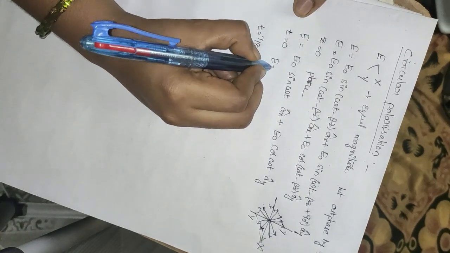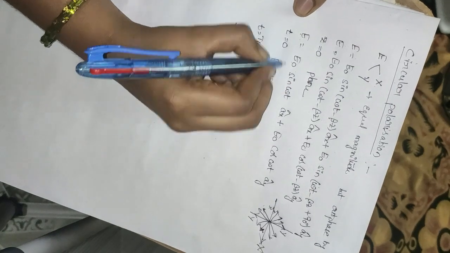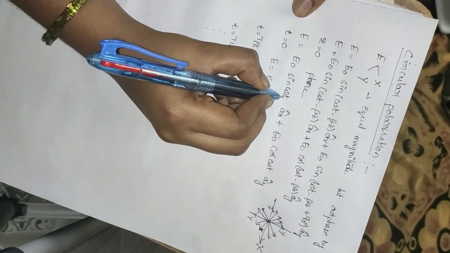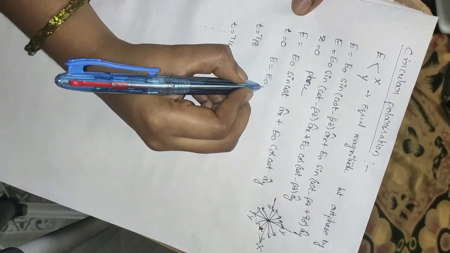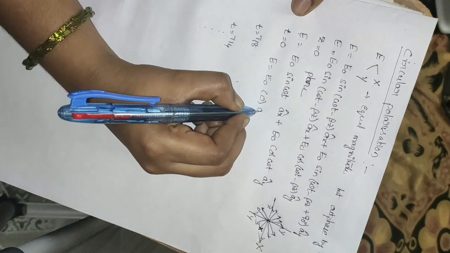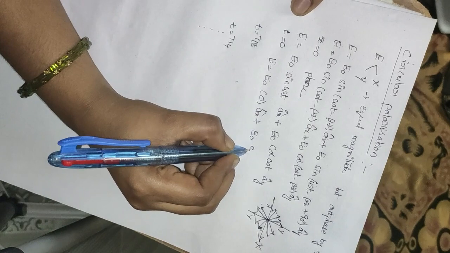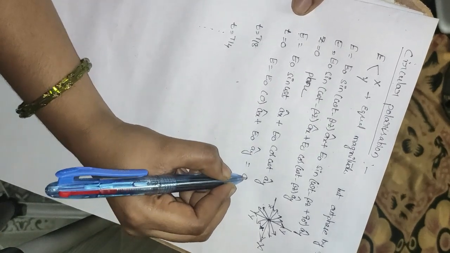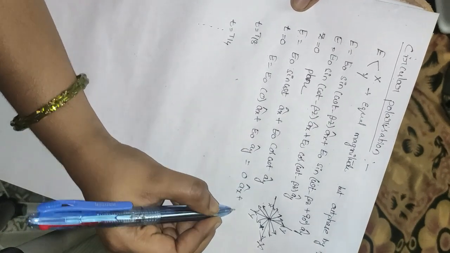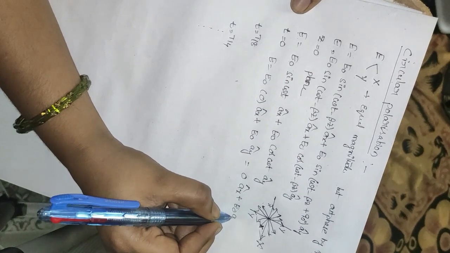So at t is equals to 0, E naught into sin omega into 0, sin 0 is 0, x cap plus E naught cos 0 is 1, ay cap, that is equals to 0 ax cap plus E naught ay cap.